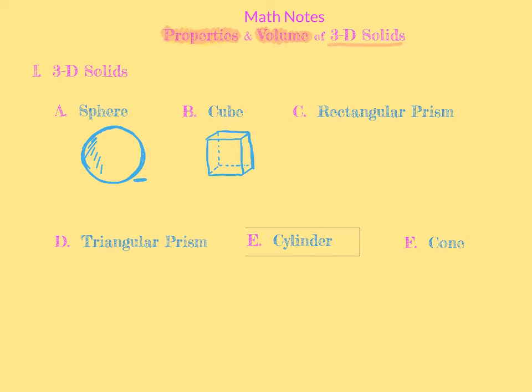And then the rectangle, we know how that looks, but I'd like to go ahead and show you the 3D version of a rectangle, and that's called a rectangular prism. That's the 3D version of a 2-dimensional rectangle.